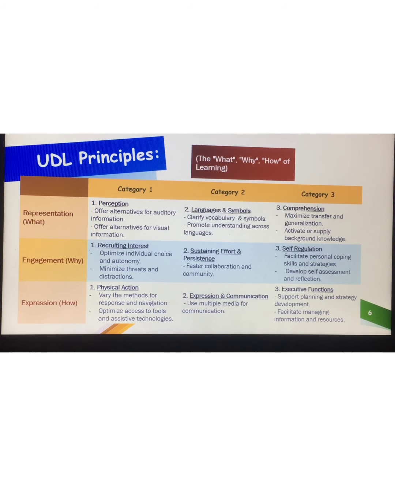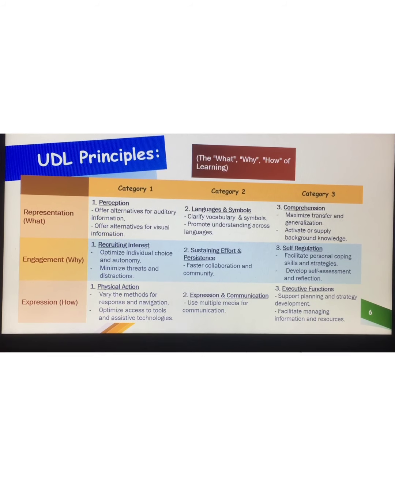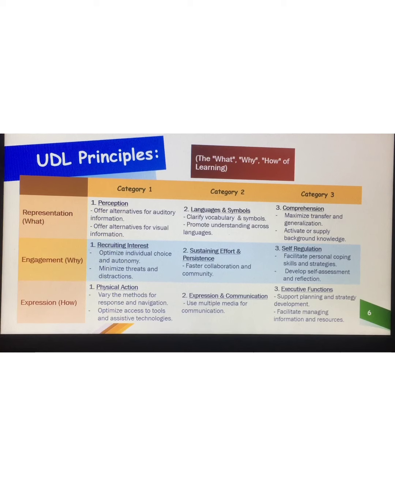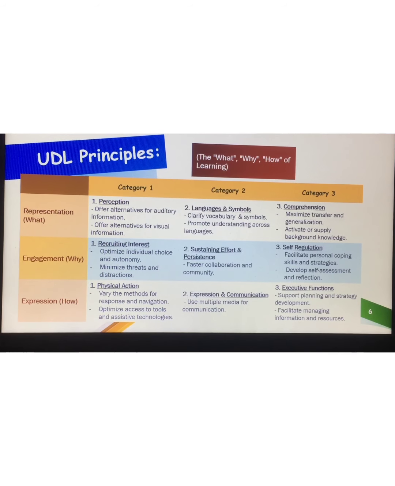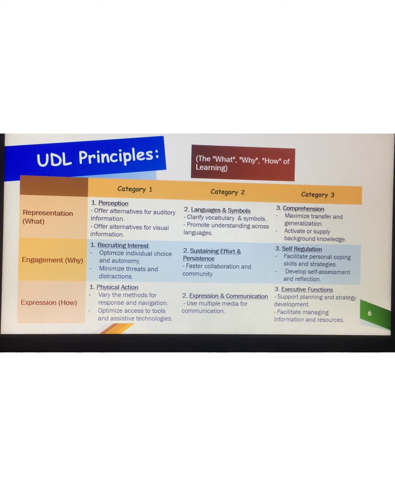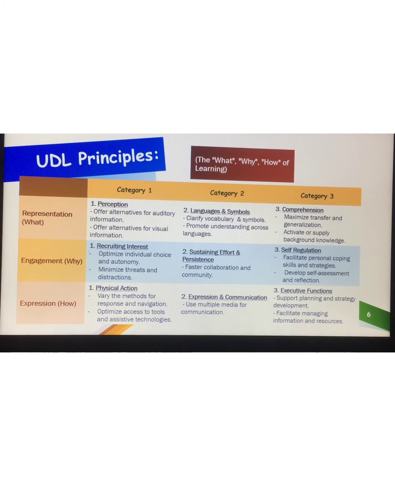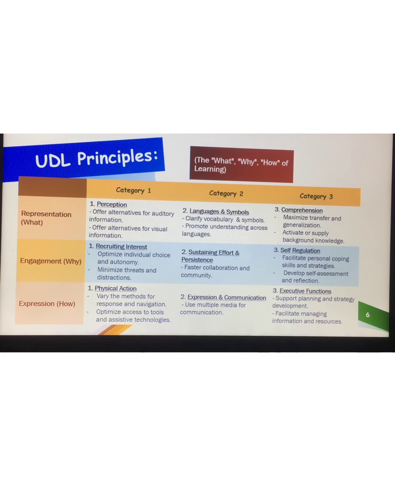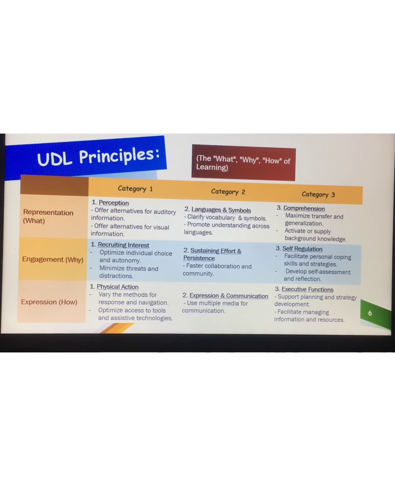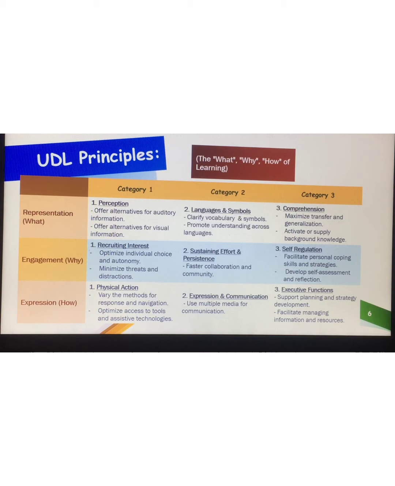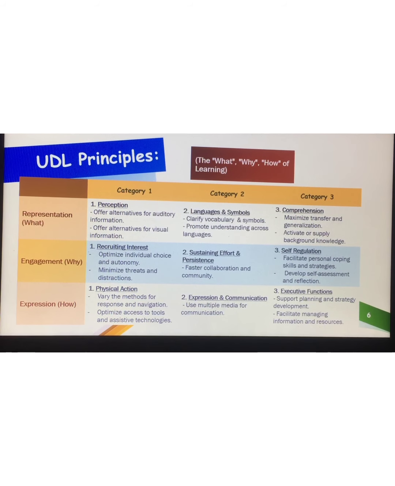Second, for language and symbols, it clarifies vocabulary and symbols. Next, it promotes understanding across languages. Lastly is comprehension. It maximizes transfer and generalization, and it also activates or supplies background knowledge.